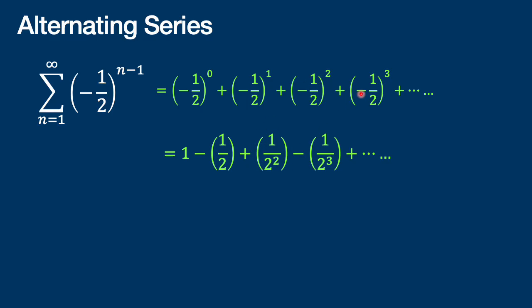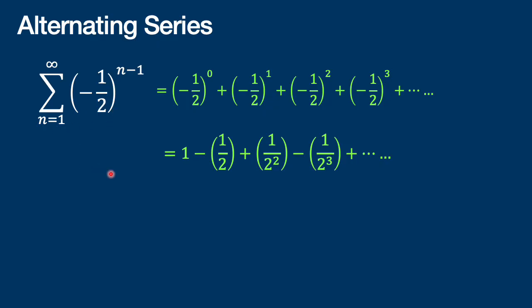Fourth term is negative, cubed, negative 1 over 2 cubed. Can you see what kind of pattern there is? 1, negative 1/2, positive 1 over 2 squared, negative 1 over 2 cubed, plus. The sign is alternating. We call this an alternating series.